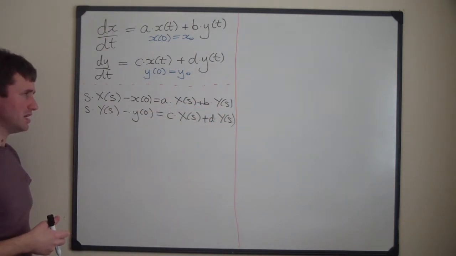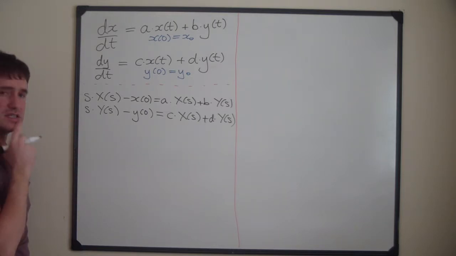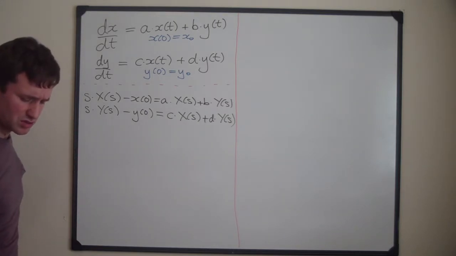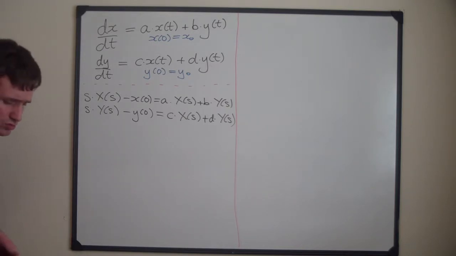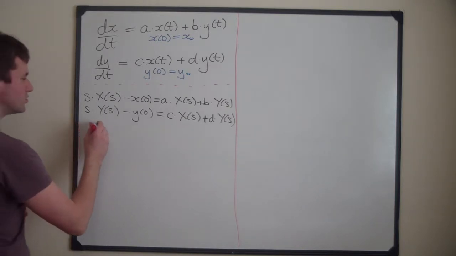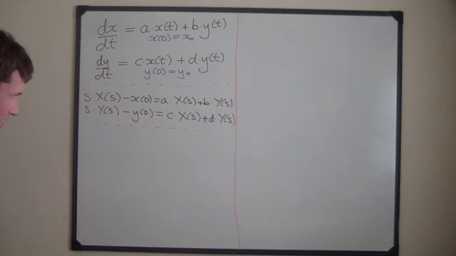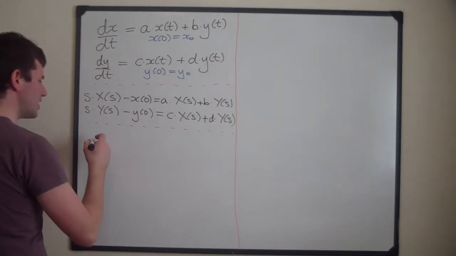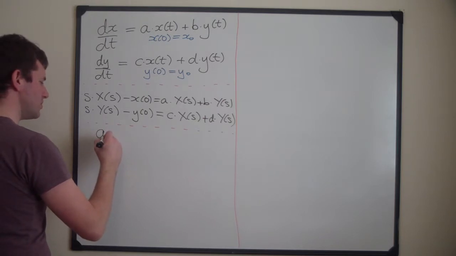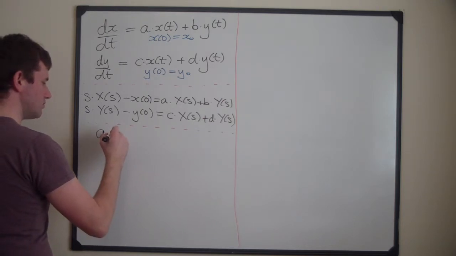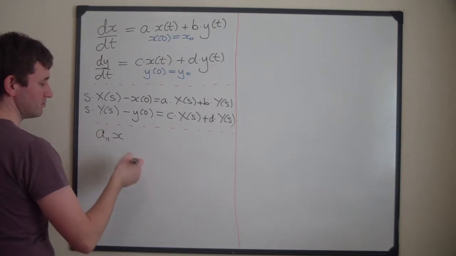Now any simultaneous equation method that you have of attacking this is equally valid, but we want to use all the methods that we know about solving simultaneous equations, so we want to write it in the form of normal equations.